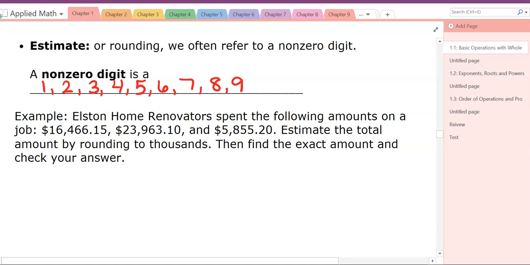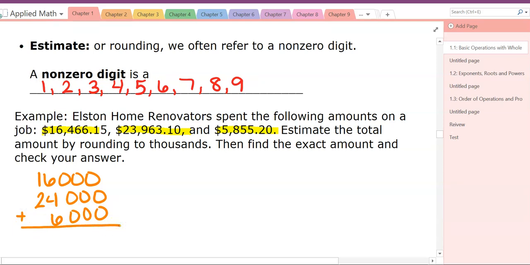So for my 3 numbers here, these are the ones that I want to round to the thousands. So we've got 16,000, 24,000, and then 6,000. So we're going to add these together, and this is going to be an estimate of $46,000.